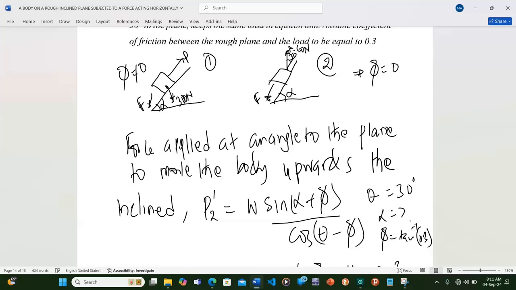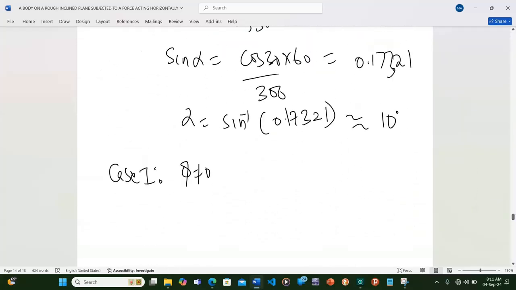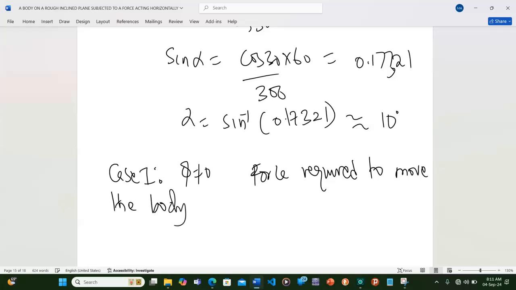The force that will be required to move this body parallel to the plane upwards, let's call it P2, is the force required to move the body parallel to the plane upwards.